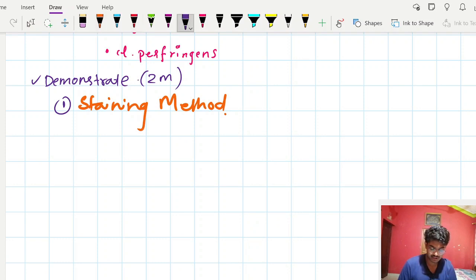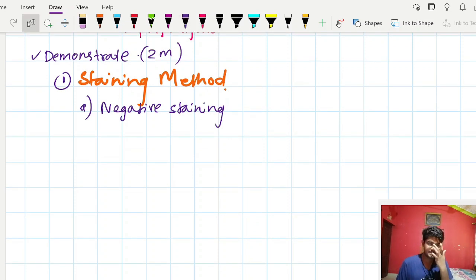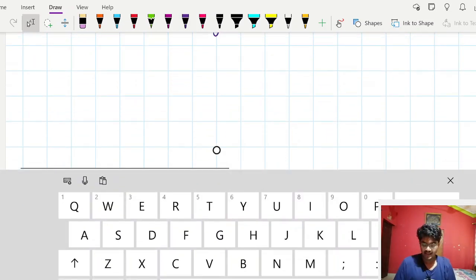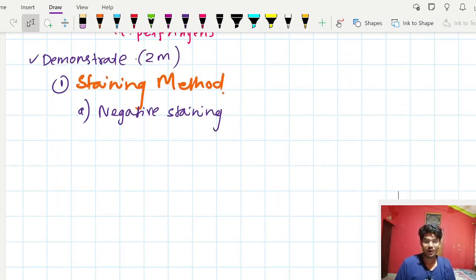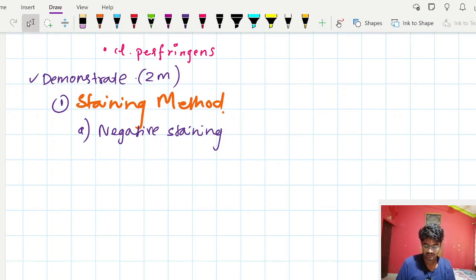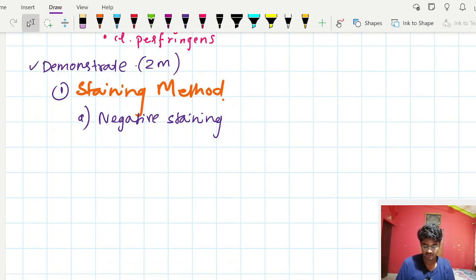In staining method there are two types of method. One is our negative staining. In negative staining, it stains the background and inside the bacteria, but it will not stain the capsule. So there will be a halo appearance. That means a blank appearance around the bacteria.